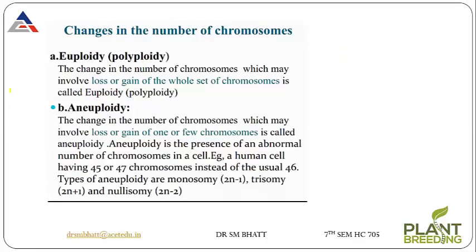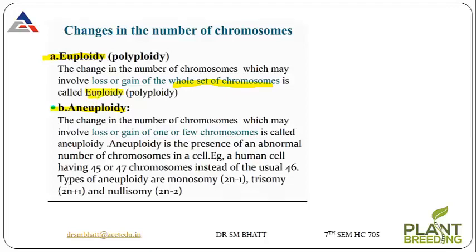Now let's see what kind of changes happen in chromosome number. There are two kinds: euploidy and aneuploidy. If you change the chromosome number such that a whole set of chromosomes is lost or gained, this is called euploidy.